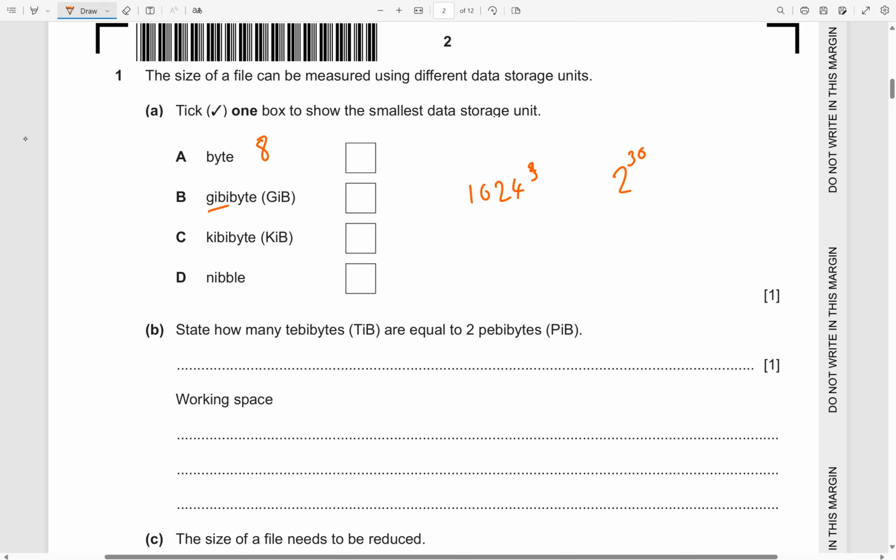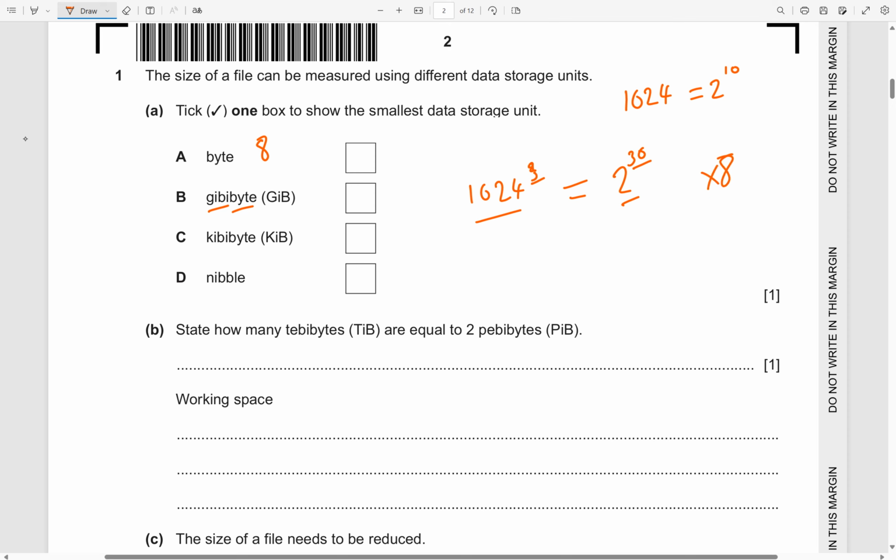Equivalently we can write that as 2 to the power of 30, because 1024 is equal to 2 to the power of 10, so by indice laws, 1024 cubed is 2 to the power of 30. And because this is bytes, we multiply that by 8 to get bits.